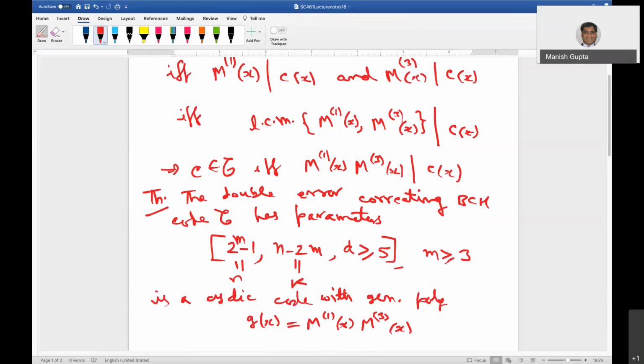So this was a summary of whatever we have done in the last class. I gave you an idea why we choose alpha cube and so on, and now we know that this is the main result.